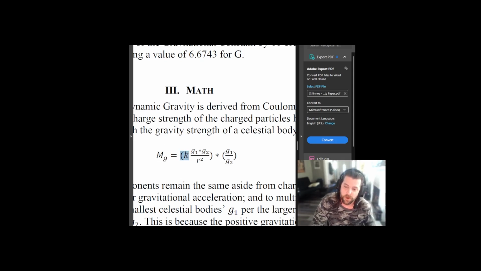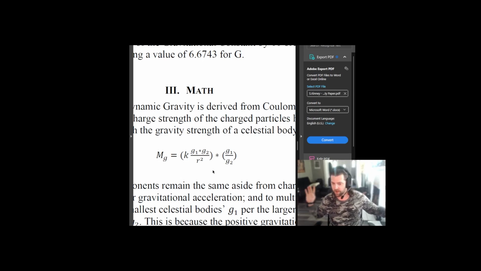Yeah, so Coulomb's constant times the gravitational acceleration of your big and small celestial objects divided by the radius squared. And then you've got to times it by a ratio of the small gravitational object's gravity divided by the larger one. Otherwise, you get really funky things going on with the math.